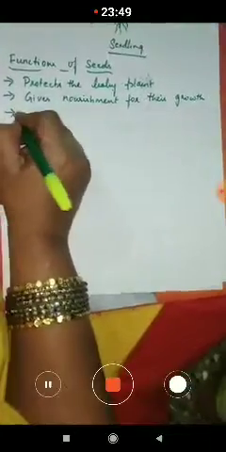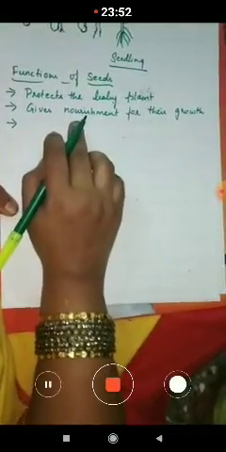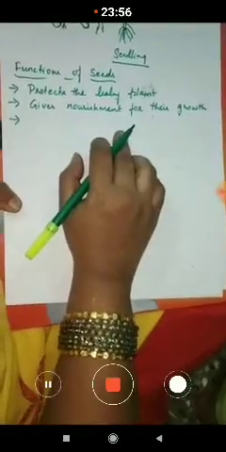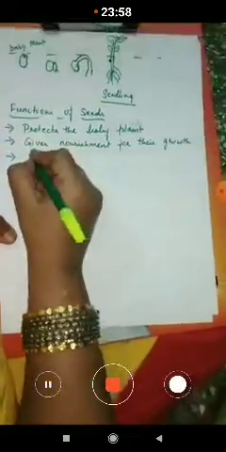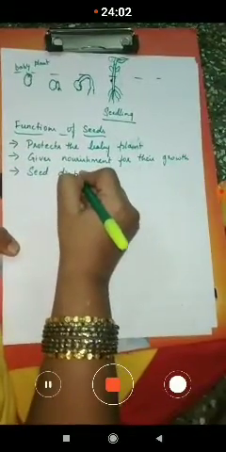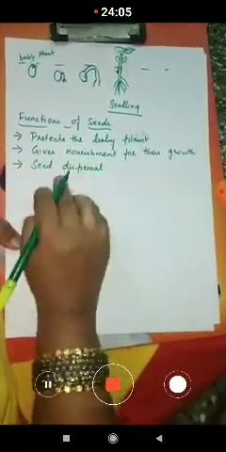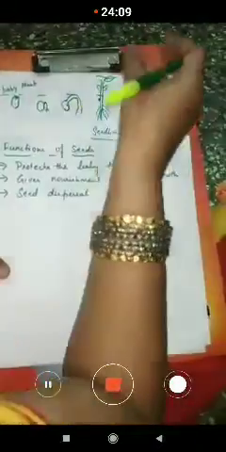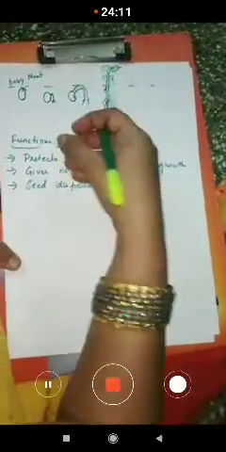Now next, what happens? The seed helps in the distribution of the species of plants and for their better growth. The seed dispersal. Yes, as we have learned, the seeds are dispersed or scattered as the plant grows.